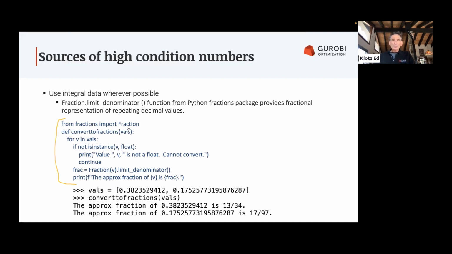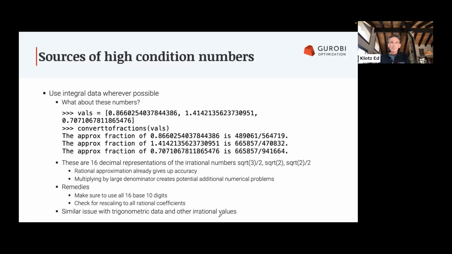The way this works is you just specify a Python list of the values you want converted, and you pass that list into this function, and it gives you the nearest approximate fraction of the numbers of interest. And now you have the denominators you need to convert these values to integers in any constraints or other data values in your problem.